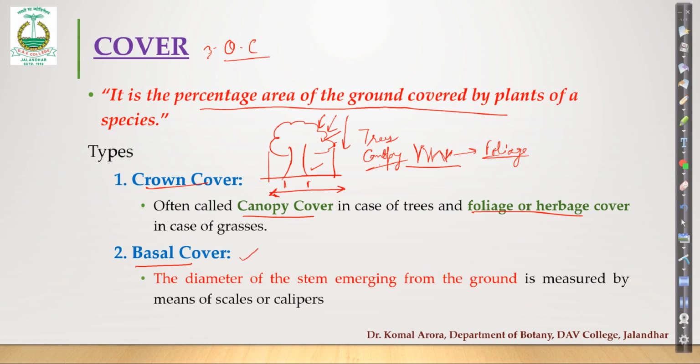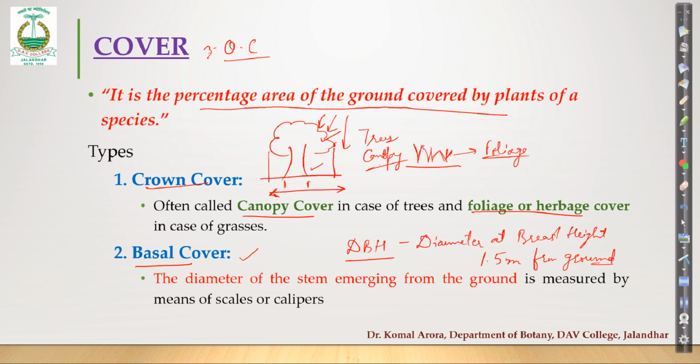Now how to determine the basal cover? This is always observed at the level called DBH. So DBH is diameter at breast height, and this is considered to be 1.5 meters from ground.